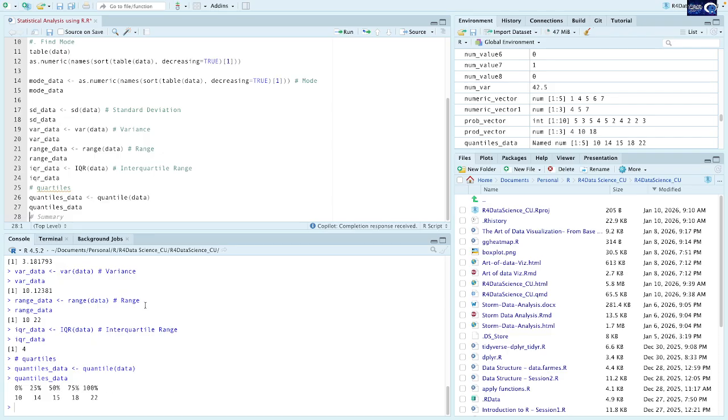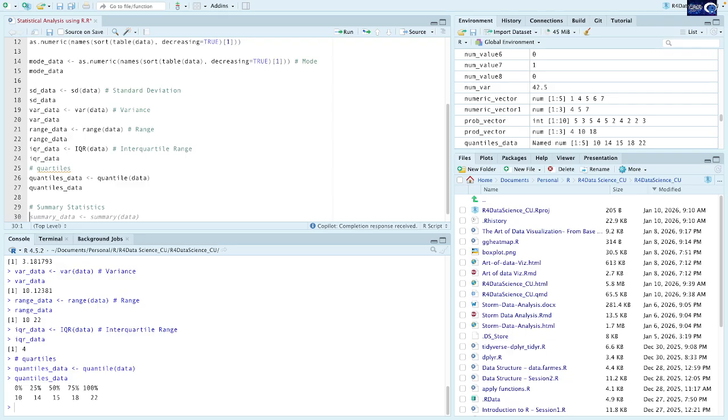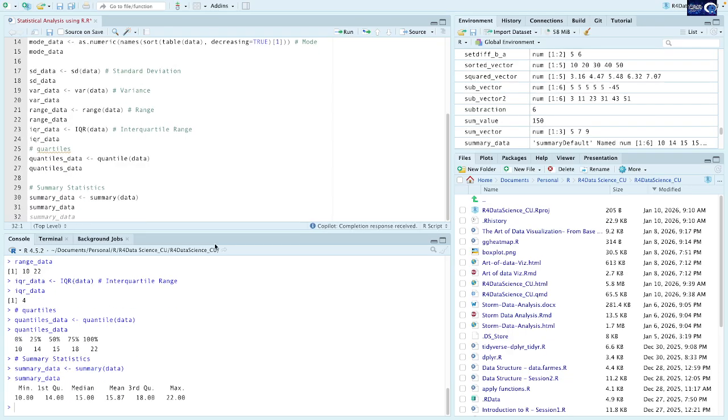We can also calculate the summary using the summary function, which will have minimum, Q1, median, mean, third quartile, and maximum value for numeric data.